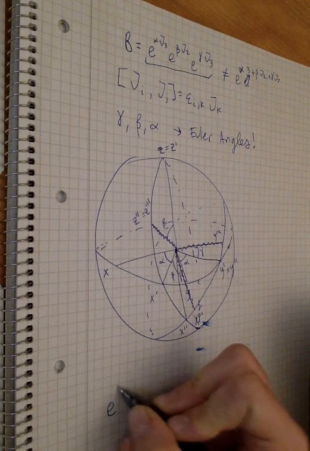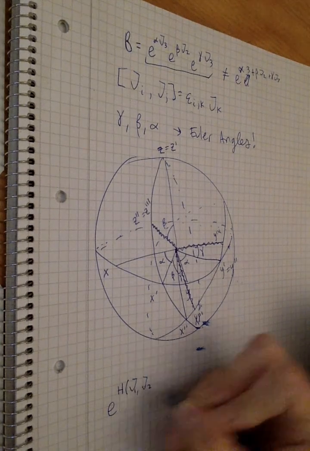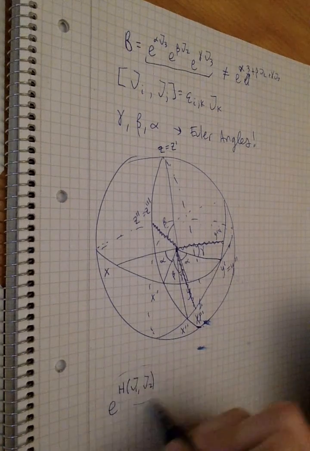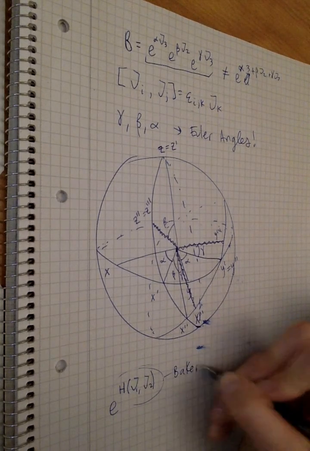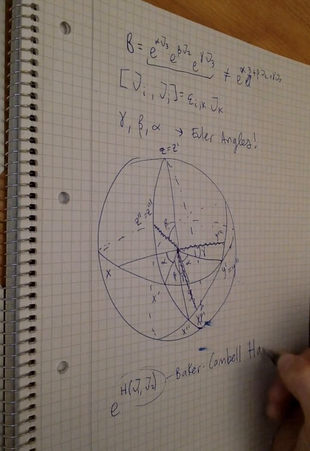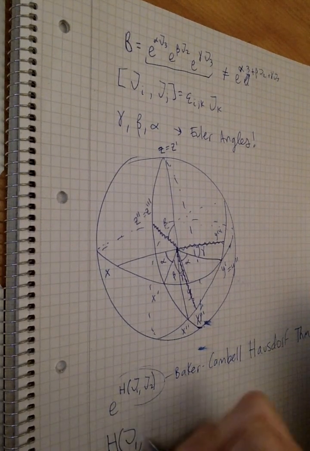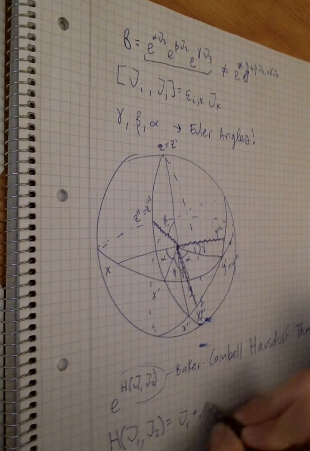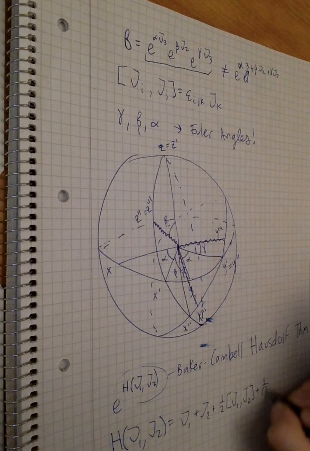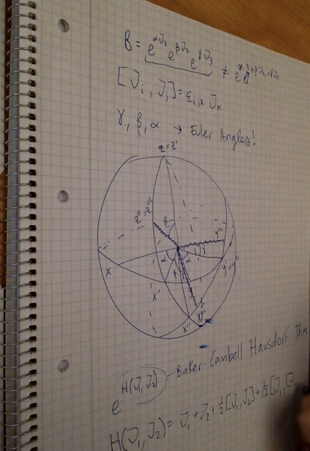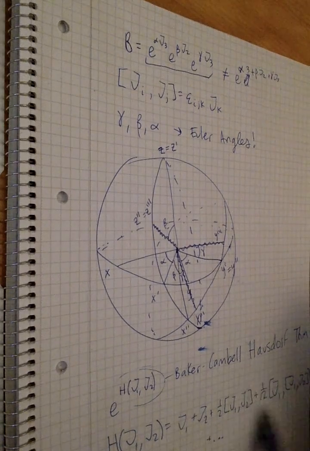So how we do this is we take e to the h of j1, j2, where this h is called the Baker-Campbell-Hausdorff theorem, such that h of j1, j2 is equal to j1 plus j2 plus 1/2 commutator of j1 with j2 plus 1/12 commutator of j1 with the commutator of j1, j2, plus, etc. And it's actually an infinite sum of nested commutators.